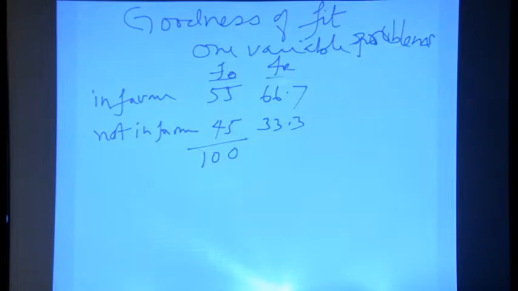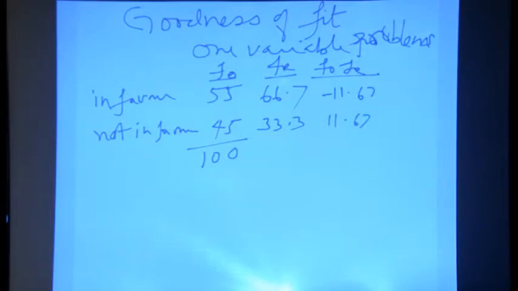Now, if this is FE, then we use the chi-square formula, FO minus FE first, which is subtraction, and when you subtract, we get minus 11.67, and then 11.67, because when you add it becomes 0.